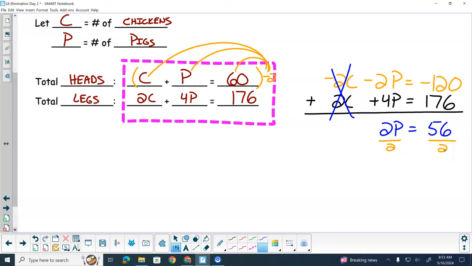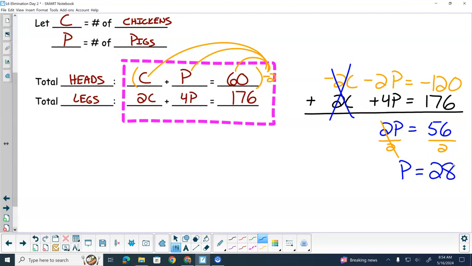We're going to solve it by dividing both sides by 2. So P is 56 divided by 2, anybody? 28. So that means that there are 28 pigs.